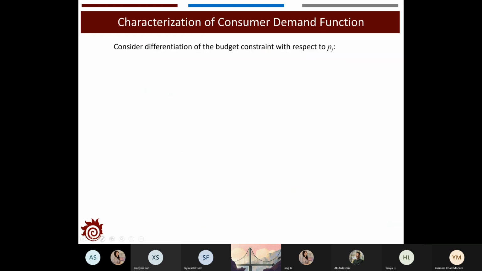For the second one, if we consider the differentiation of the budget constraint with respect to the price PJ instead of the budget, you will find another interesting relationship. So we do the first order derivation with respect to PJ on both sides of this equation. On the right side, B is the budget, and the budget is not related to the price, so partial B over partial PJ is always 0.